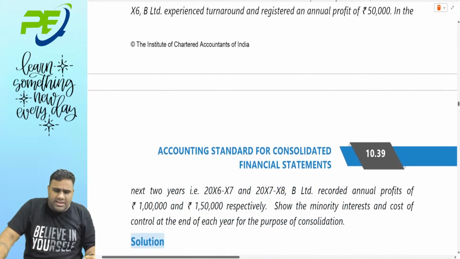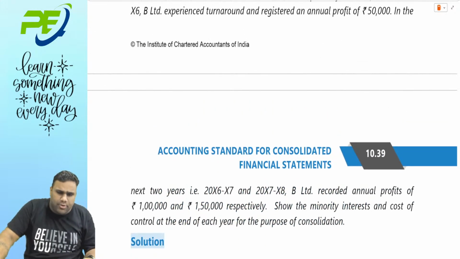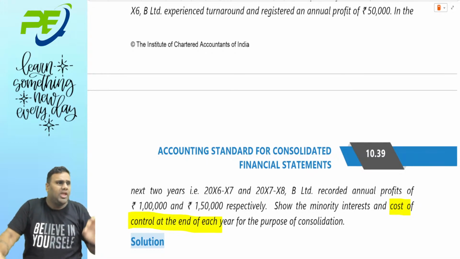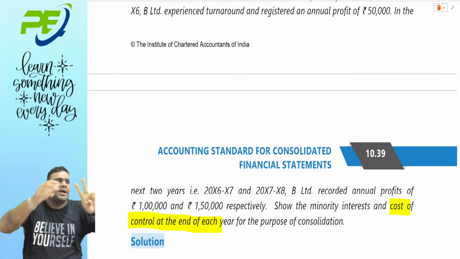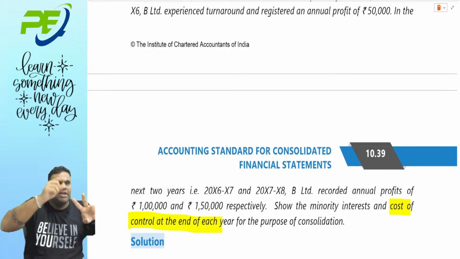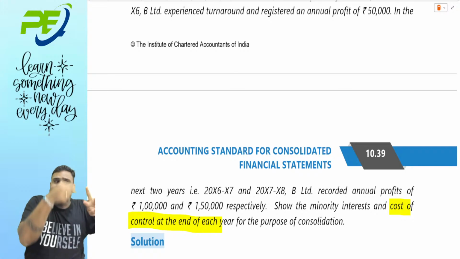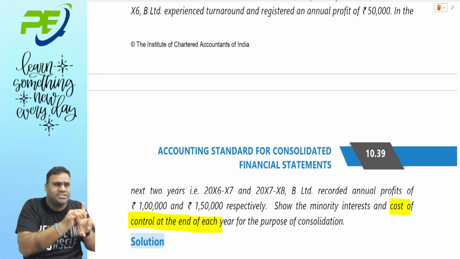Now, one strange thing which I found in the problem: cost of control at the end of each year. See guys, for cost of control, we compare two things, the amount invested and the share of holding at the time of acquisition.